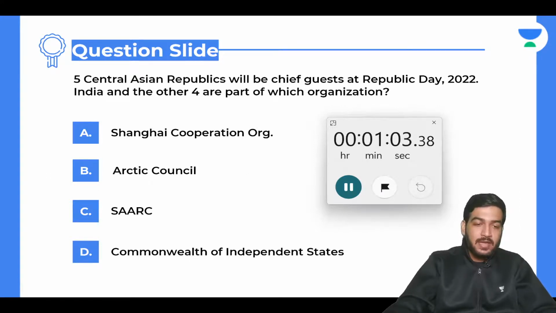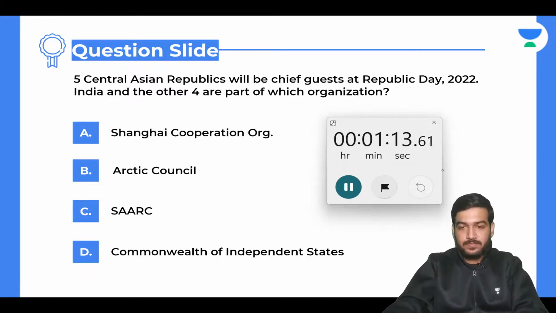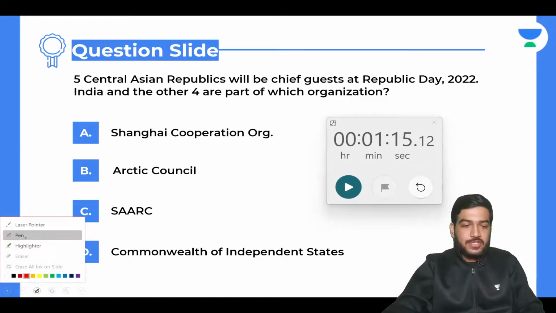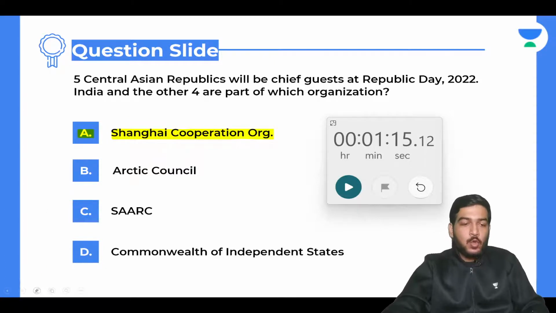In some, India is there but Central Asian republics are not there. The answer to this question is A, Shanghai Cooperation Organization, SCO.